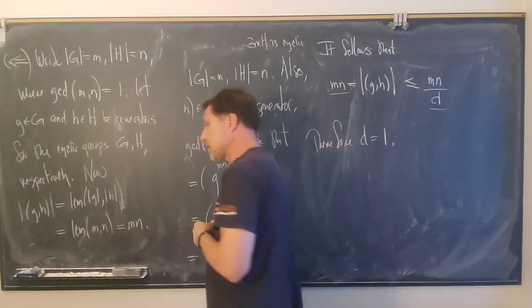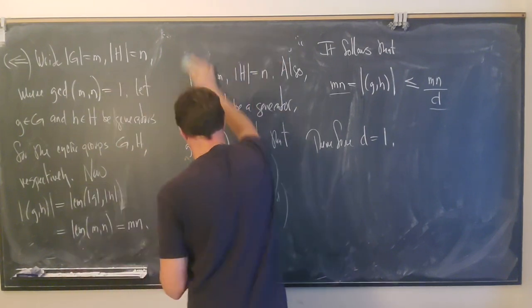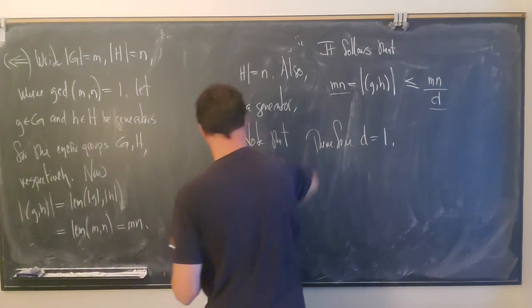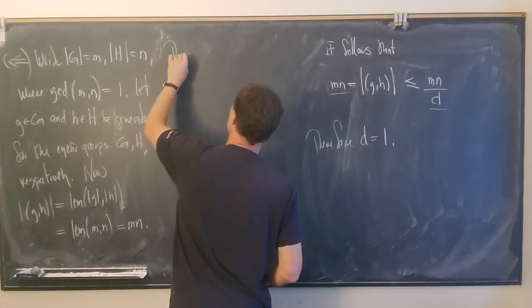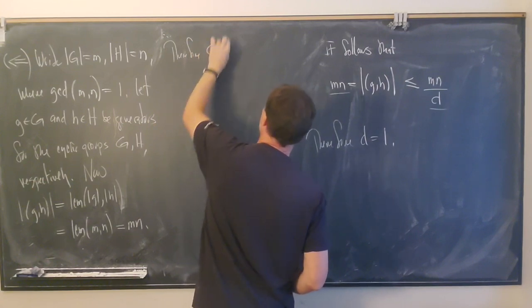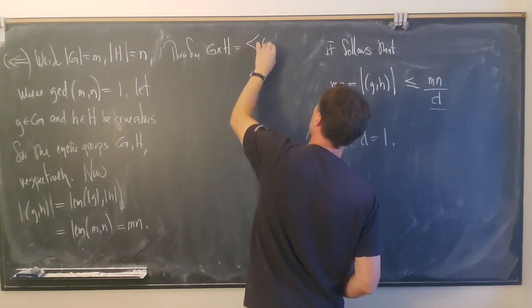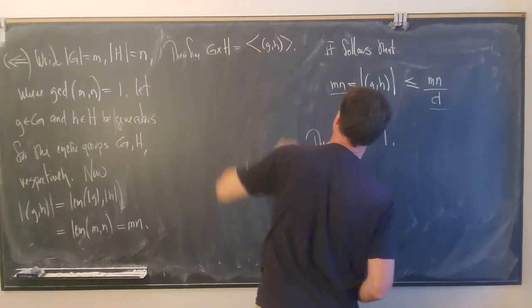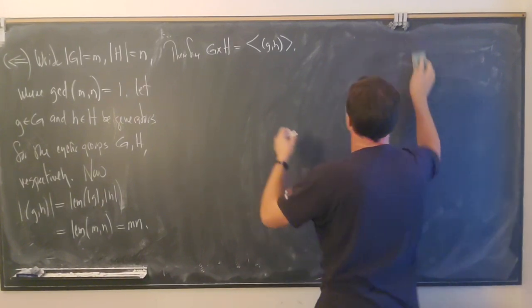That's what we need, right? So now we know that (g, h) is a generator. Therefore, G cross H is equal to the cyclic subgroup generated by (g, h). All right, so that completes the proof.